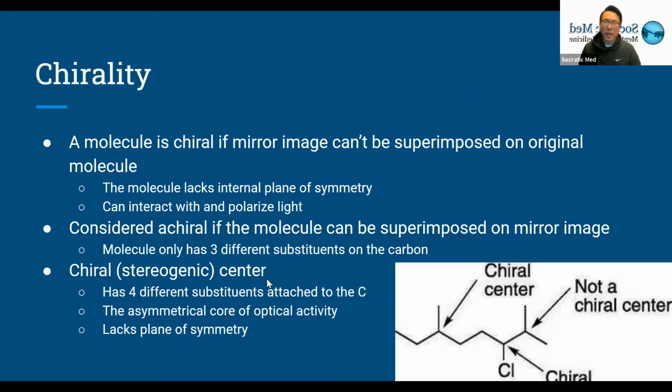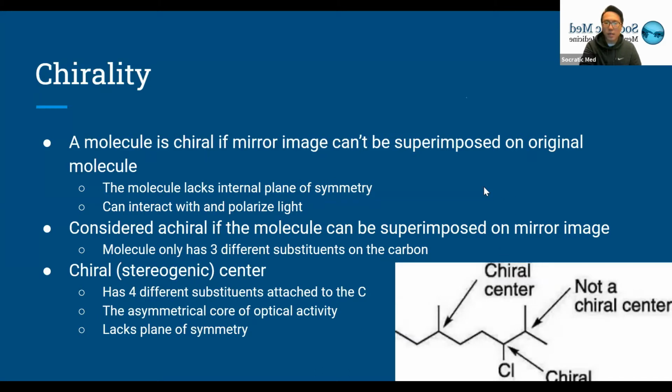It is asymmetrical and the core of the optical activity. So because of this chiral center, it can give a molecule optical activity and polarize light. And like I said before, it's only considered a chiral center if it lacks a plane of symmetry.